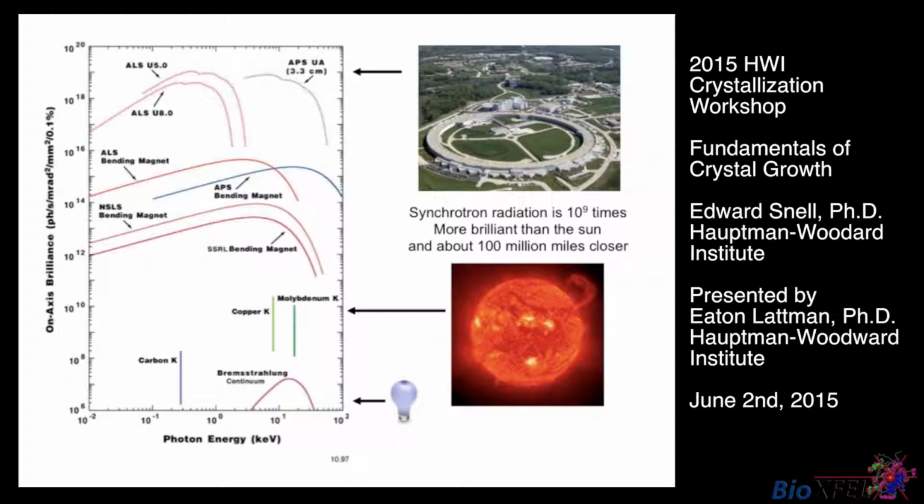And this is brilliance along the vertical axis, which is a measure of both how parallel the beam is and how small an area you can focus it into. The numbers up here are 10 to the 18th or 10 to the 9th. And these are the best conventional sources that we have available.